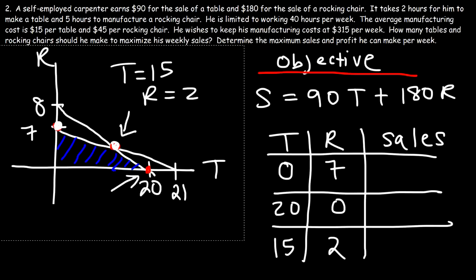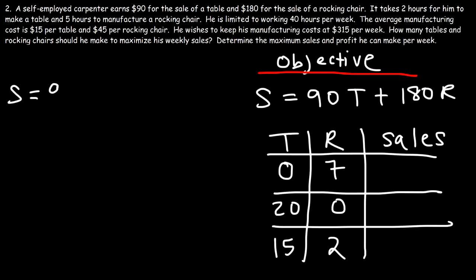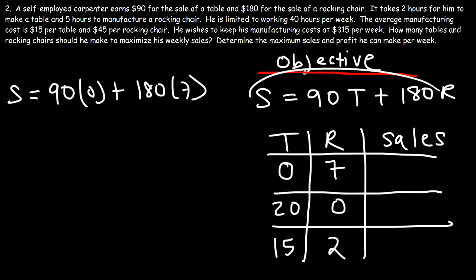So now that we have that, let's determine the sales for each of those points of interest. So the first one, 90 times 0 plus 180 times 7, if we plug it into the objective function. So 180 times 7, that's going to be 1260 in weekly sales.